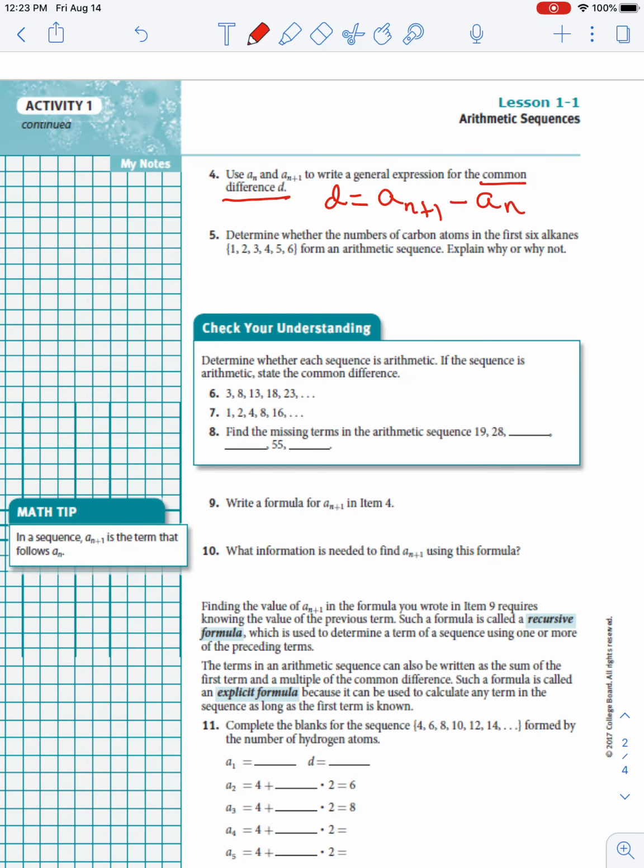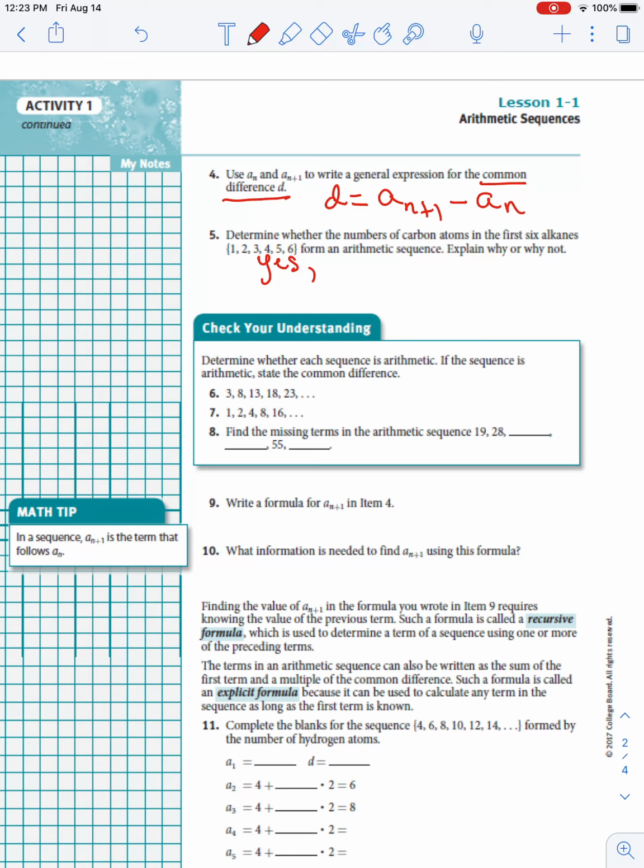All right, so let's go on to number 5, which says determine whether the number of carbon atoms in the first 6 alkanes forms an arithmetic sequence. Explain why or why not. All right, well, we've got 1, 2, 3, 4, 5, 6. First thing I would ask myself is there a common difference? So if I look at the numbers, not too hard to figure out. 2 minus 1 is 1. 3 minus 2 is 1. 5 minus 4 is 1.